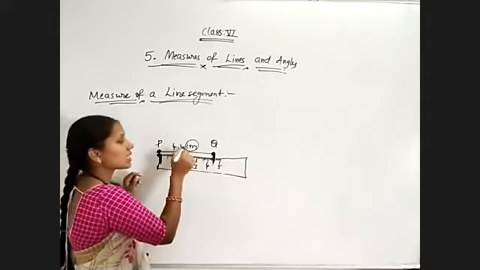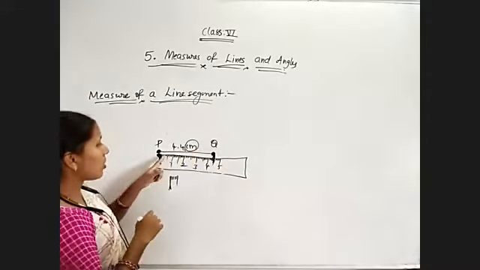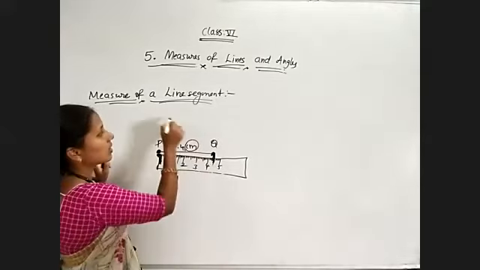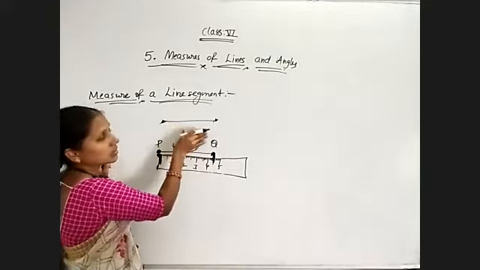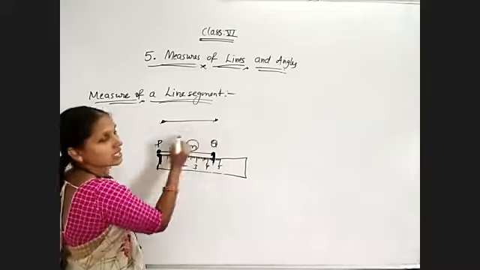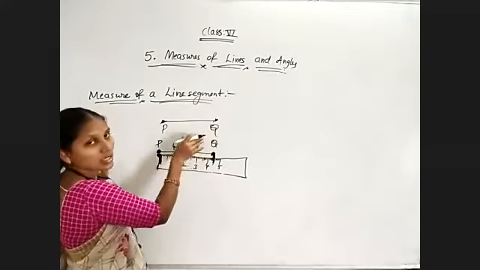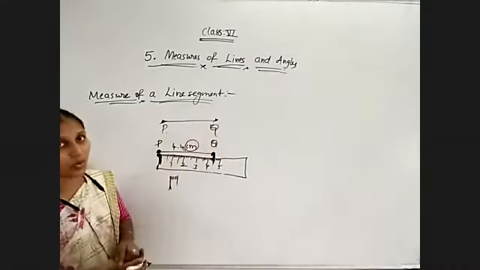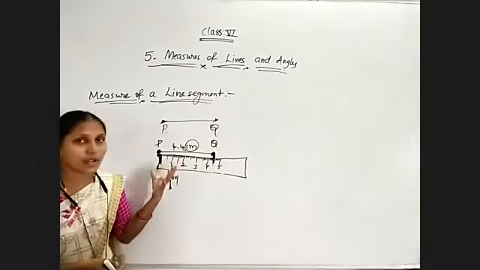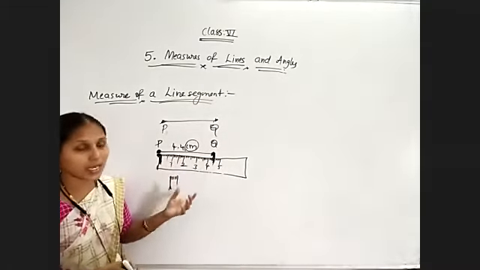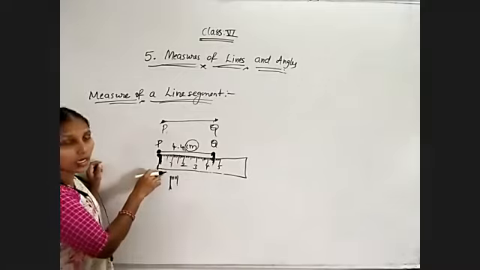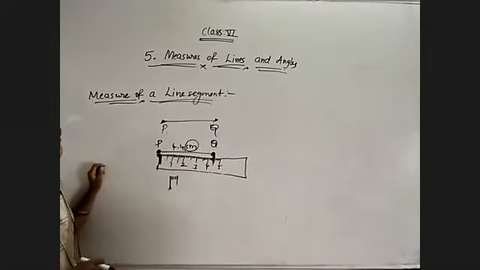Why am I using centimeters for this? Because it is length. Distance covered between P and Q is known as the length of the line segment PQ. So we have found the length of the line segment using the instrument ruler. How are we doing that?